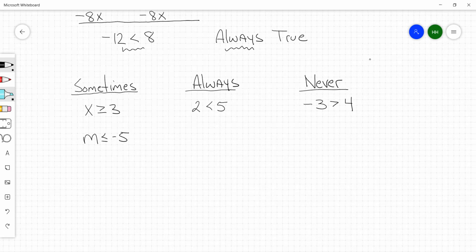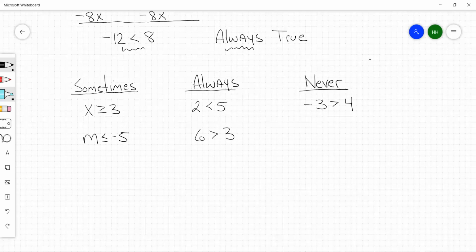Anybody want to give me an example of an always? Maybe a little class participation? I don't know. Say it again. 6 being greater than 3. Very good. You get to that step in the inequality, you can stop and say that the inequality is always true.